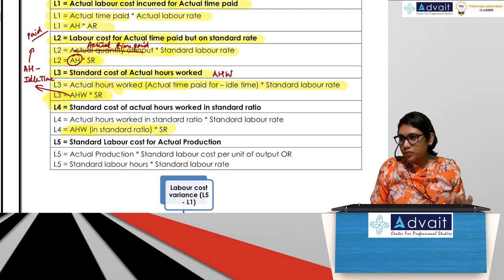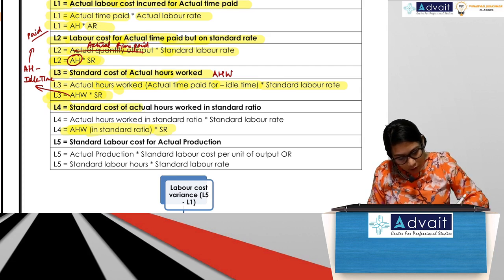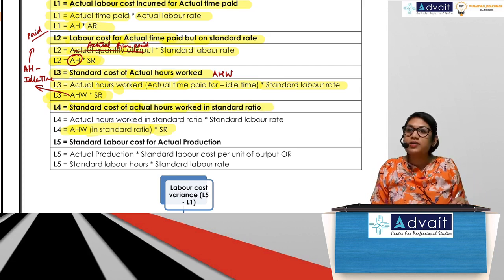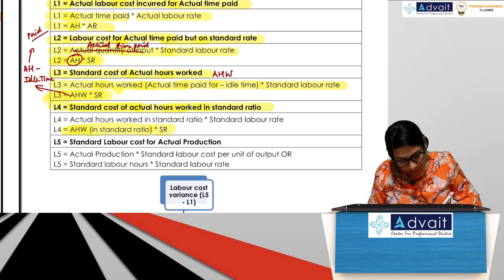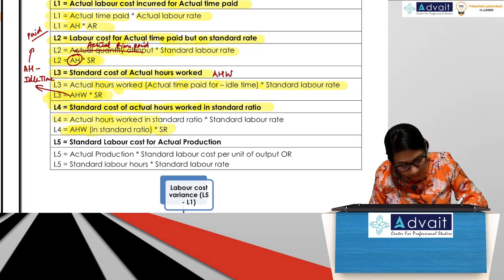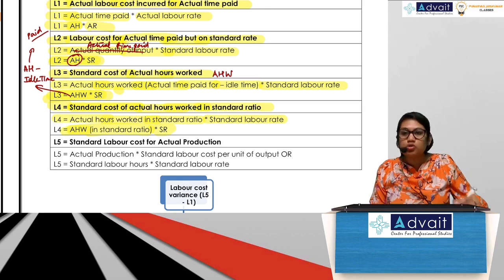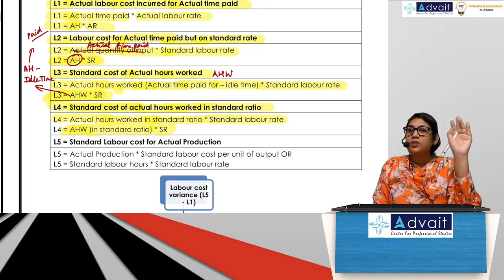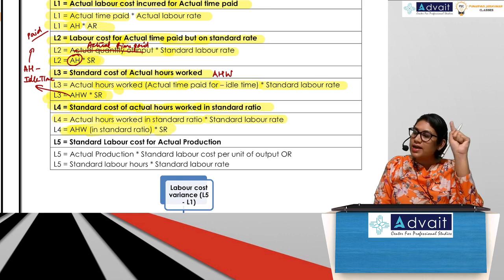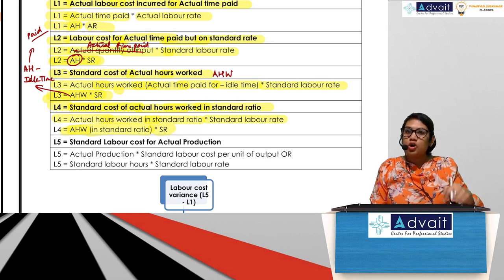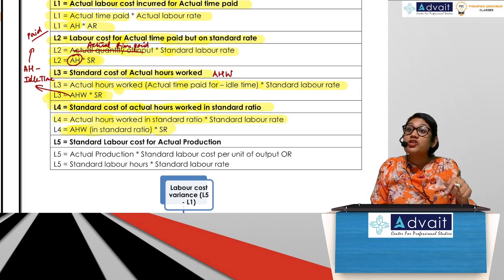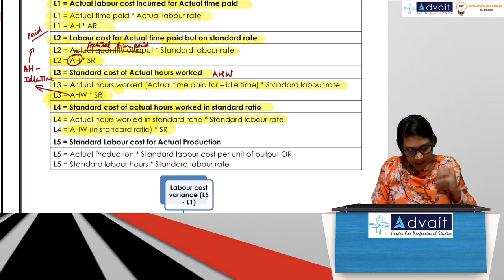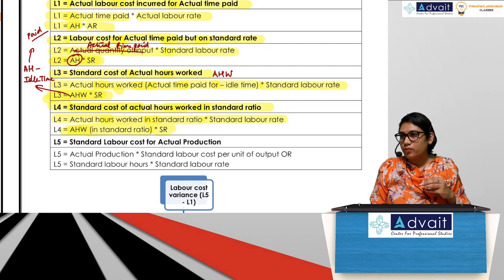So standard cost of actual hours worked in standard ratio is nothing but actual hours worked in standard ratio into standard labor rate. So same as M3, no change. Actual quantity in standard ratio. Here also actual hours, but which hours? Paid or worked? Worked, in standard ratio into standard rate.